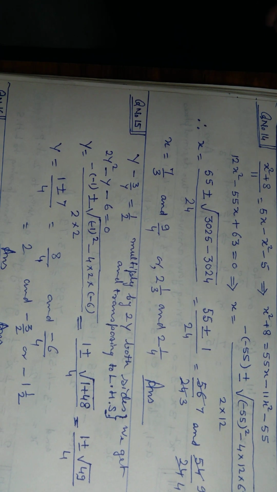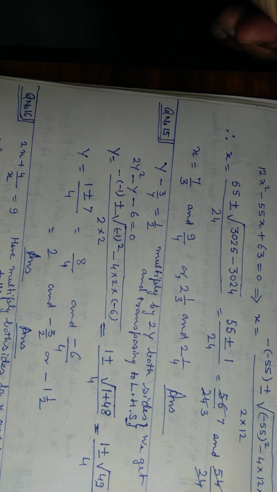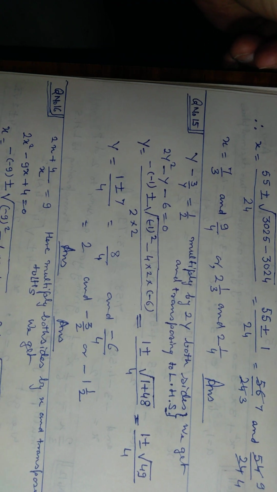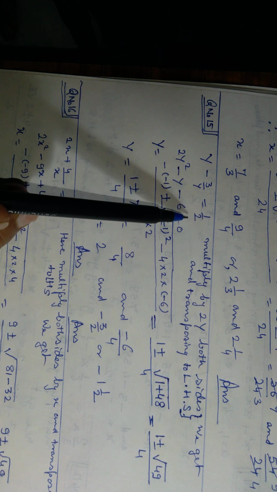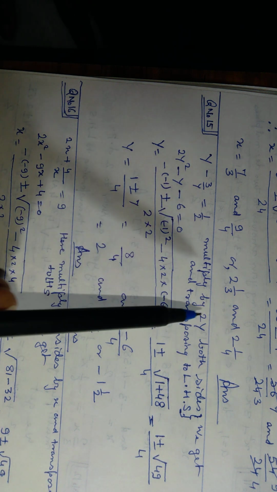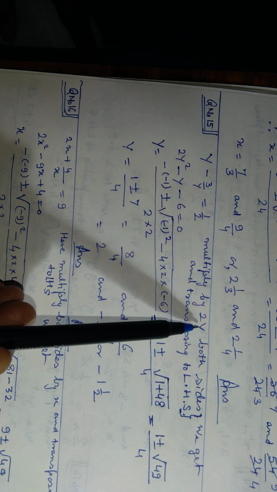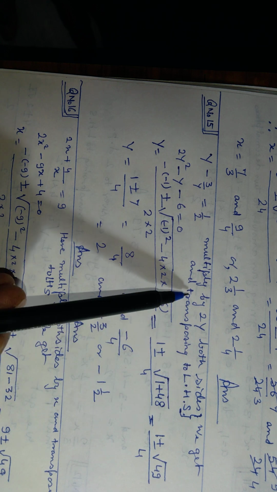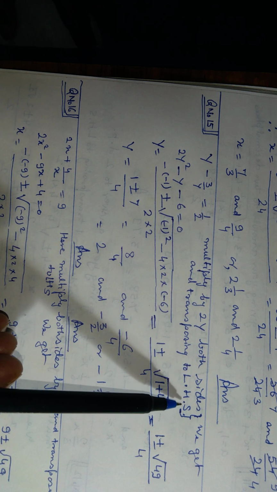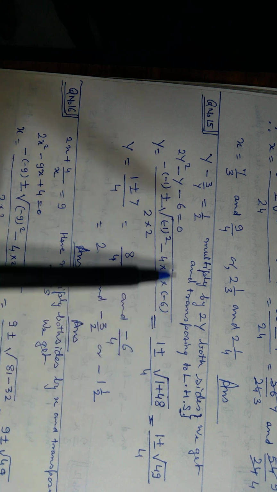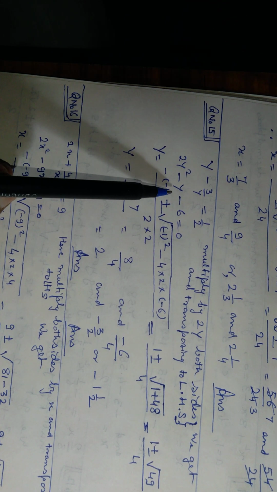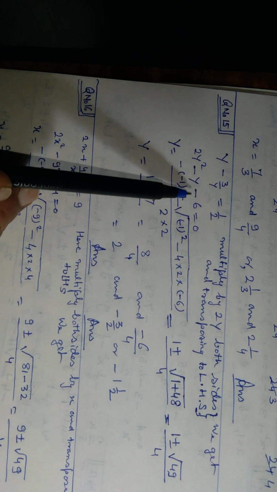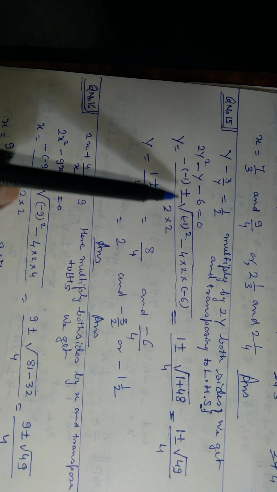Now question number 15. You see, y minus 3 by y equal to 1 by 2. Multiplying by 2y both sides and transposing to the left hand side, we get 2y square minus y minus 6 is equal to 0.